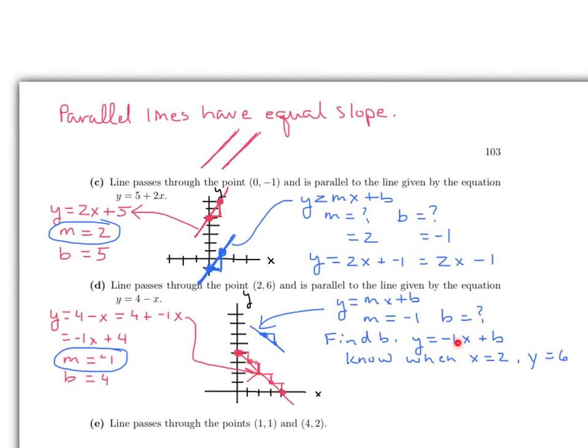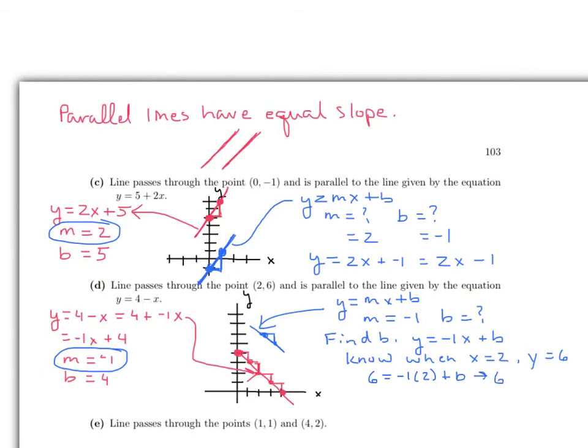If I replace the x with 2, then I'm obliged to replace the y with 6, because this graph passes through this point. So in other words, this pair of numbers is a solution of this equation. So let's go ahead and substitute 2 and 6 into the equation. So 6 will equal -1 times 2 plus b.